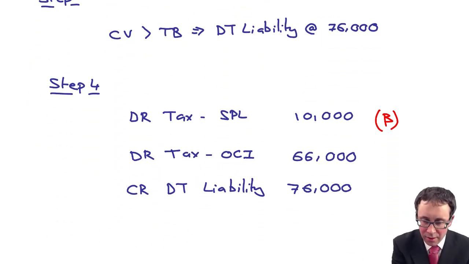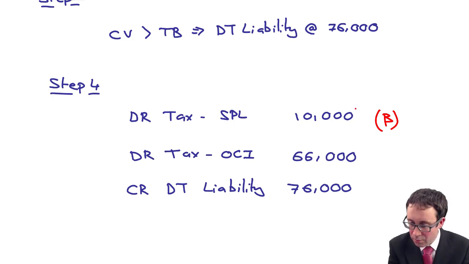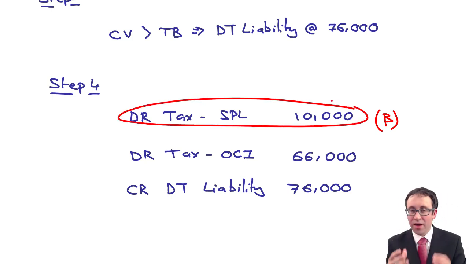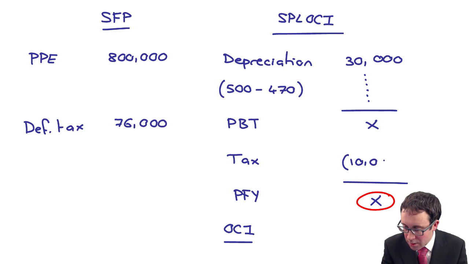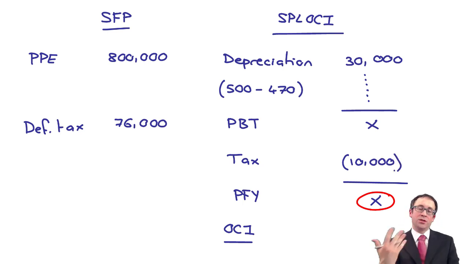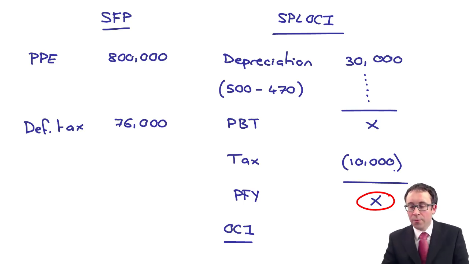And therefore, that 10,000 would have been the movement if there had been no revaluation. Okay, because we'd revalued it by 330, the tax on that 330 has meant that we now have a higher deferred tax liability. So if you so wish, in terms of your tax, assume that there's no other tax. I'm sure there would be within a normal exam question, but you've got there that 10,000 tax expense that's gone through profit or loss. Okay, wow, that's pretty tricky.